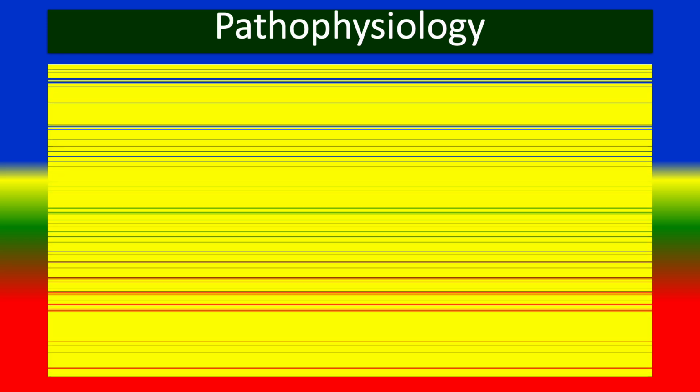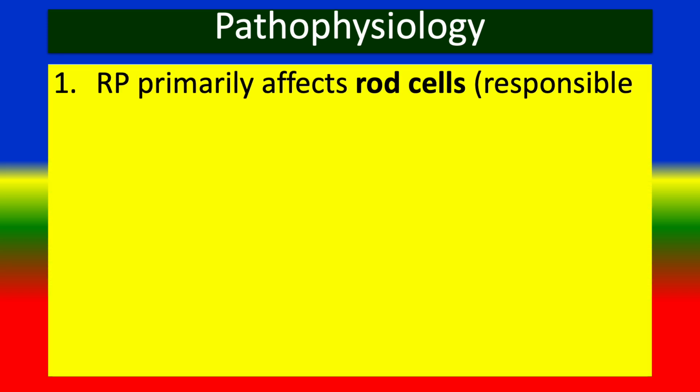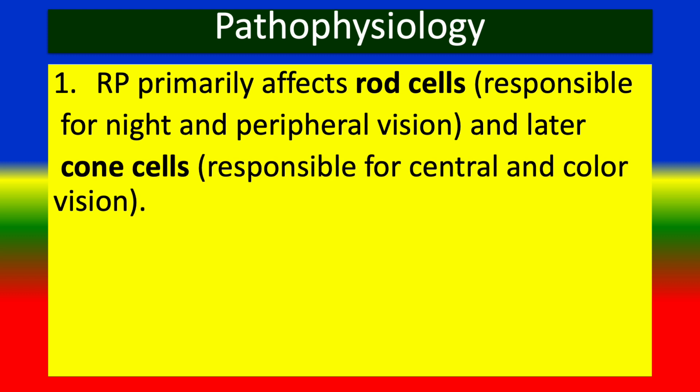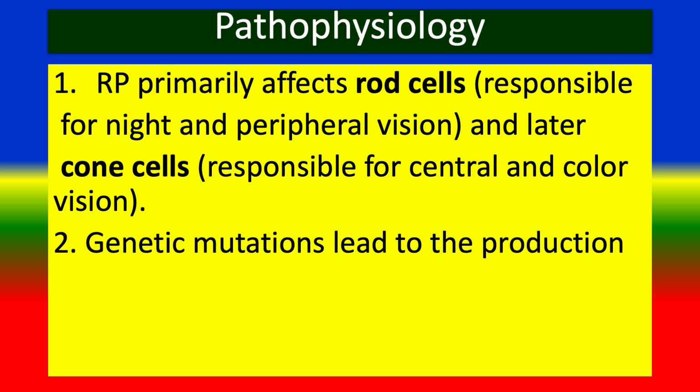Pathophysiology of RP. 1. RP primarily affects rod cells responsible for night and peripheral vision, and later cone cells responsible for central and color vision. 2.